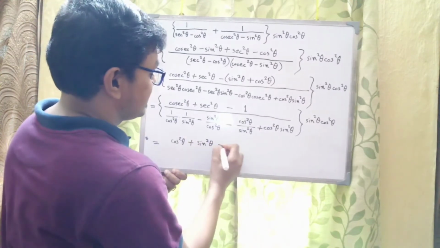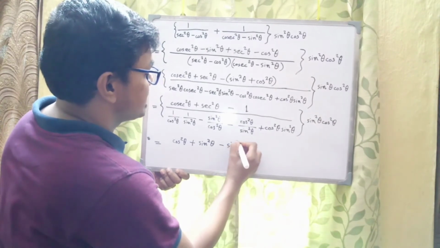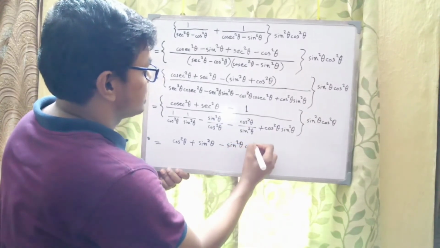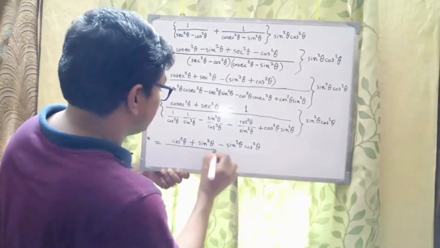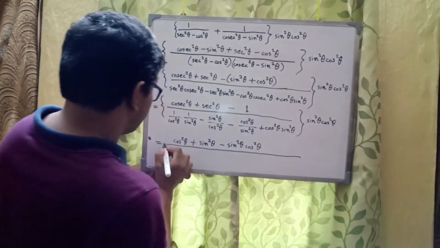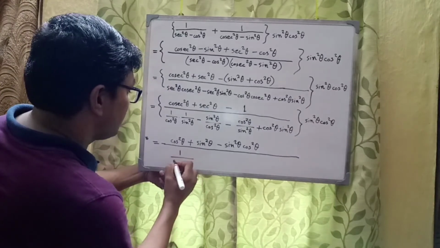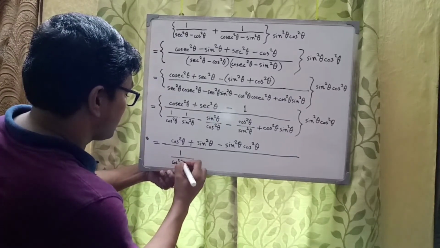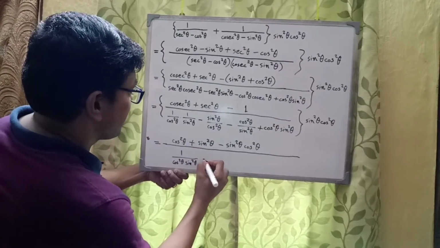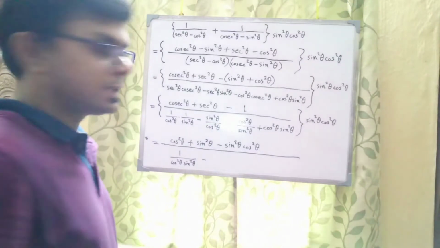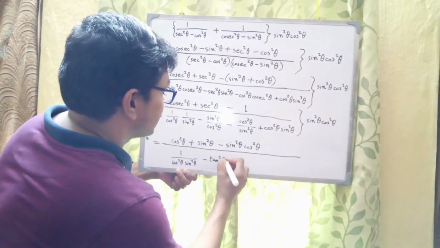We see minus 1 into sine square theta cos square theta, so that would be minus sine square theta cos square theta. So now the denominator, this is actually 1 by cos square theta sine square theta, minus, we know that sine theta by cos theta is tan theta, so sine square theta by cos square theta would be nothing but tan square theta.